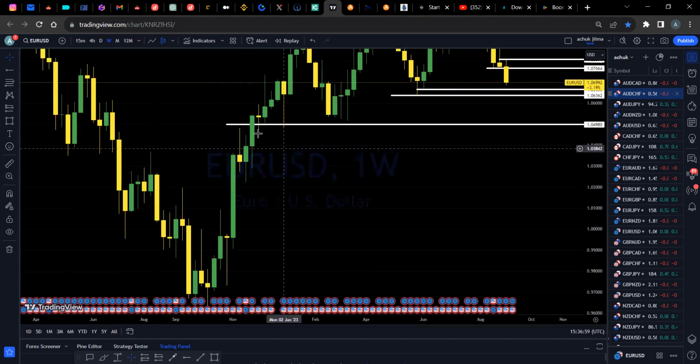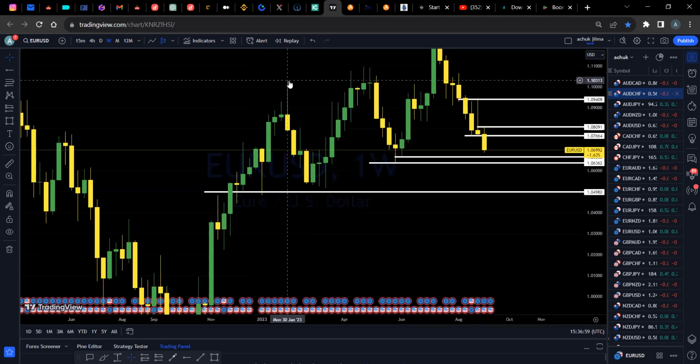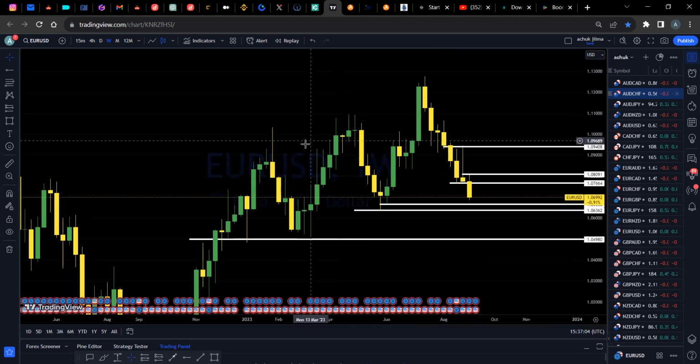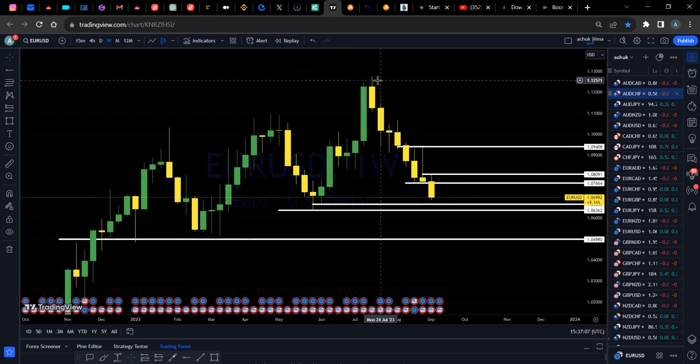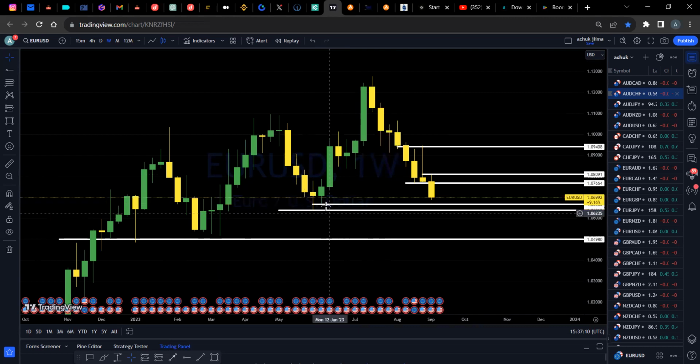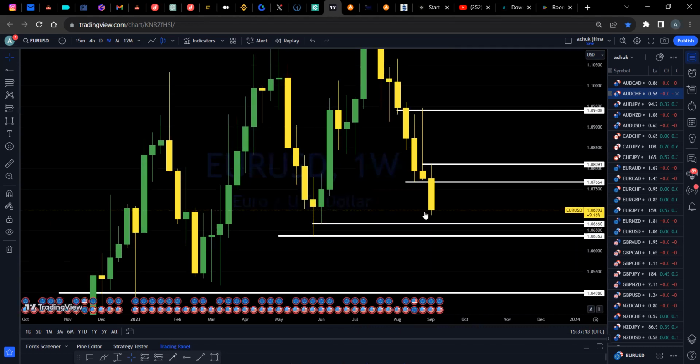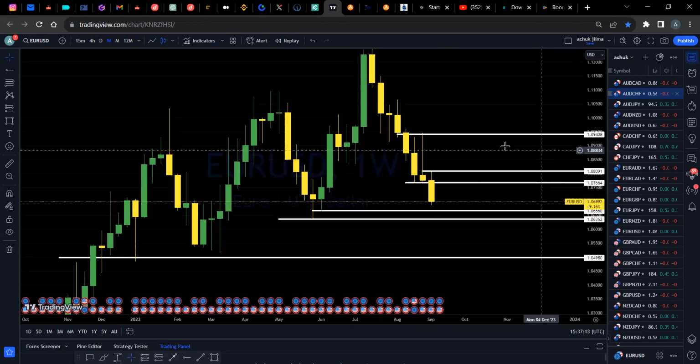If you look at it from around here, the market has been forming a series of higher highs. That is what we mean by the markup stage. And then it formed this high and could not go further up, and now it is coming back to this area here, which you would call your area of support.